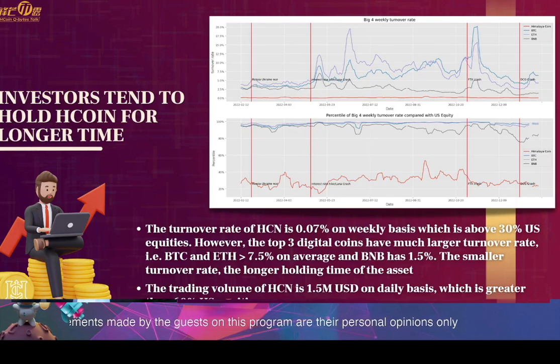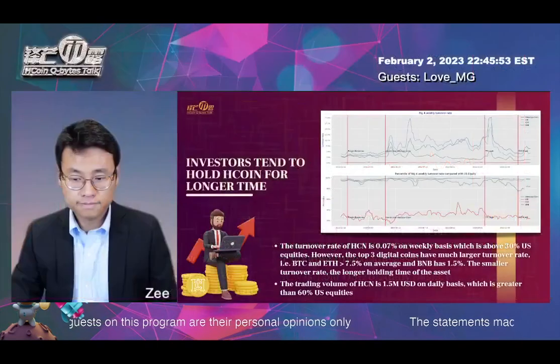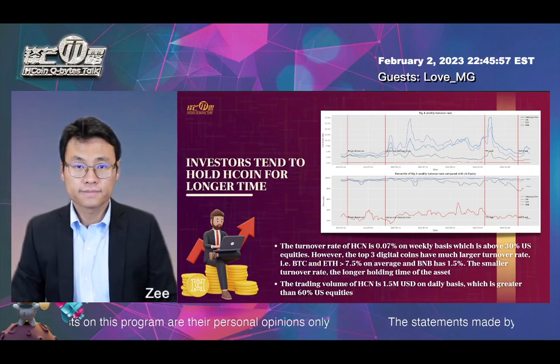HCN is still very young. It's a very young digital currency, but at this moment it's ranked around 4 with respect to market cap. If you look at all the digital currencies launched and actively traded in the market, HCN is ranked 4.